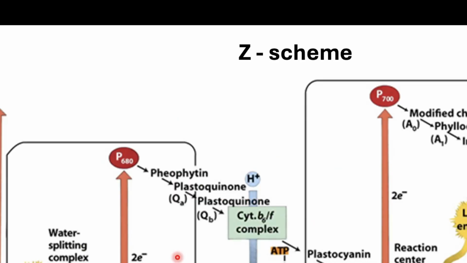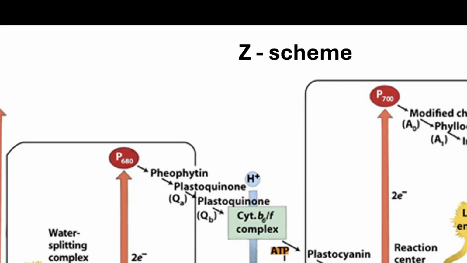Now looking at the whole electron transport system, which is popularly known as the Z scheme inside plants. The Z scheme represents the electron transport pathway in the light dependent reactions of photosynthesis. So this is the ETS, or electron transport system, in the light dependent reactions of photosynthesis. It shows how photosystem 2 and photosystem 1 work together to produce ATP and NADPH.